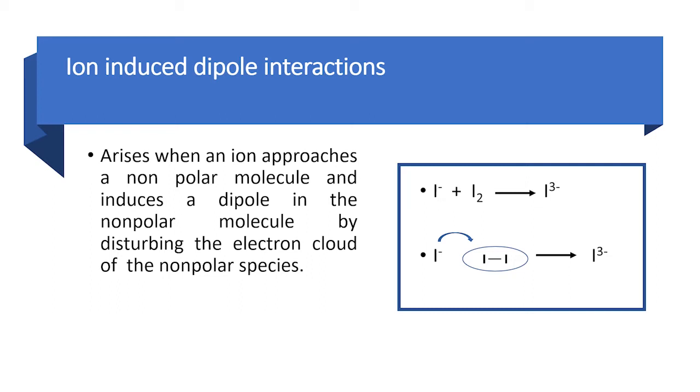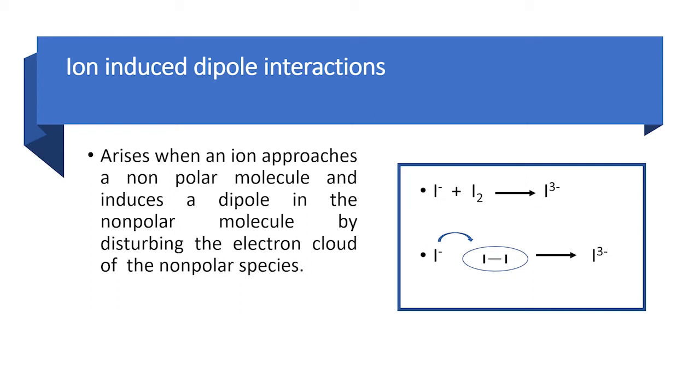When I minus approaches the iodine molecule, there will be repulsion of electrons, and the electron cloud is shifted to one part of the molecule, and a temporary polarity or an instantaneous dipole develops within this molecule by the approach of this charged species.